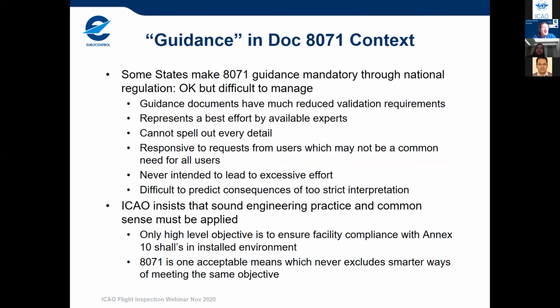When we write the shall statement in Annex 10, there's a validation method to be applied, either analysis, testing, etc. Guidance documents do not have such validation requirements. They're really a best effort from available experts, and they do not spell out every detail. Now, the whole point of guidance material is to try to be helpful.